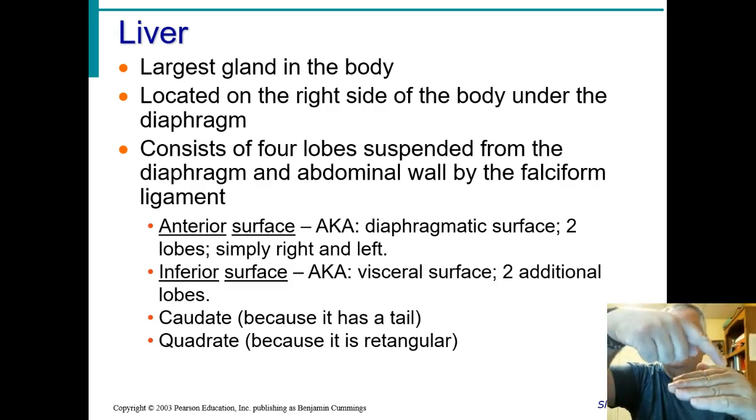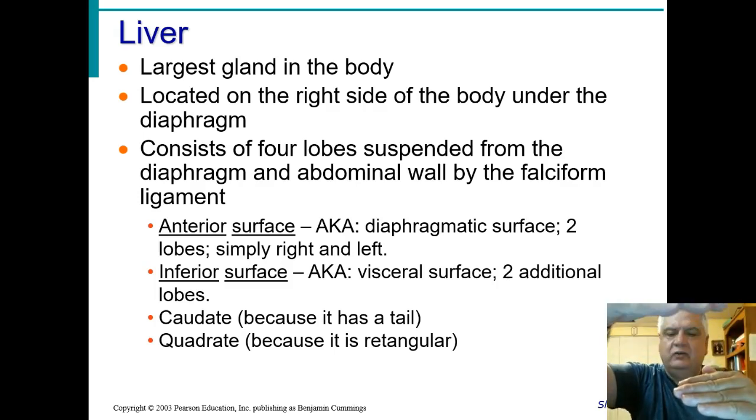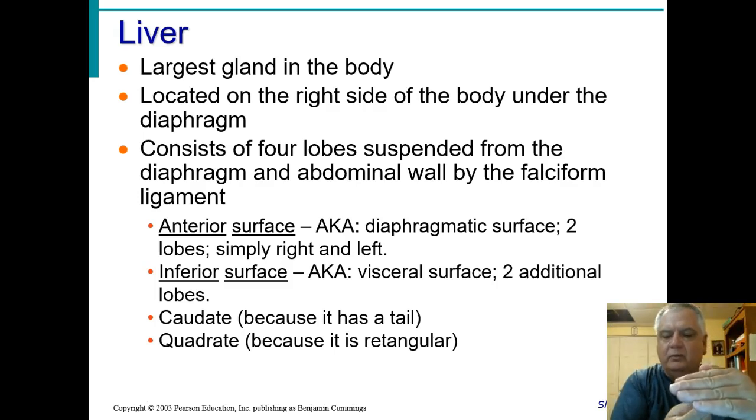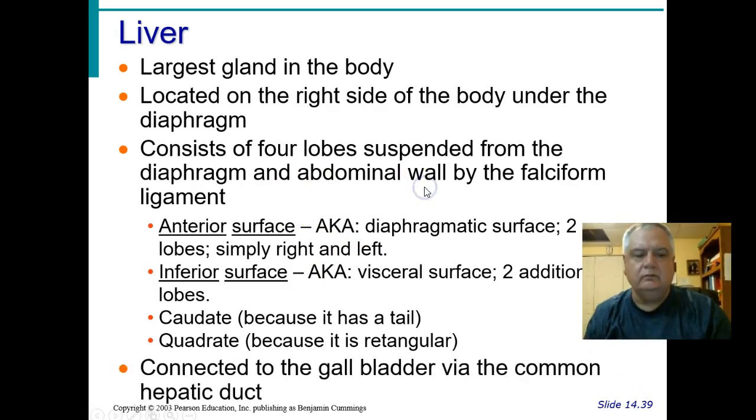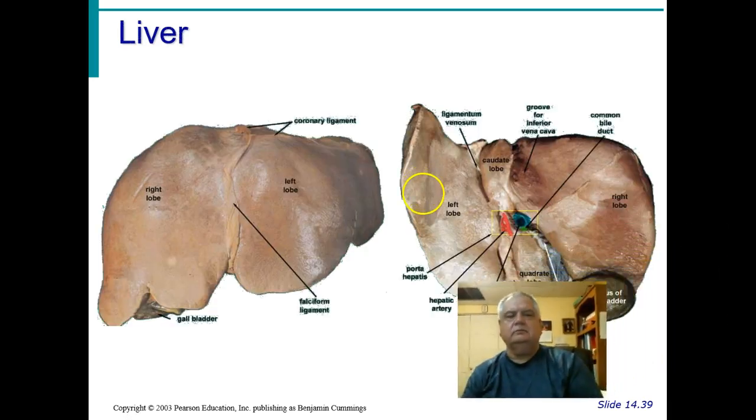So this surface kind of faces anteriorly, but this surface under here, we could call it posterior, but it faces the visceral organs. So it's called inferior because it's below, or visceral because it's facing those visceral organs. The liver is also connected to the gallbladder via the common hepatic duct.